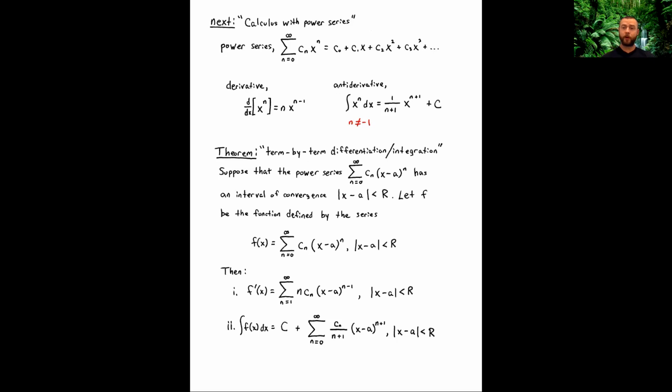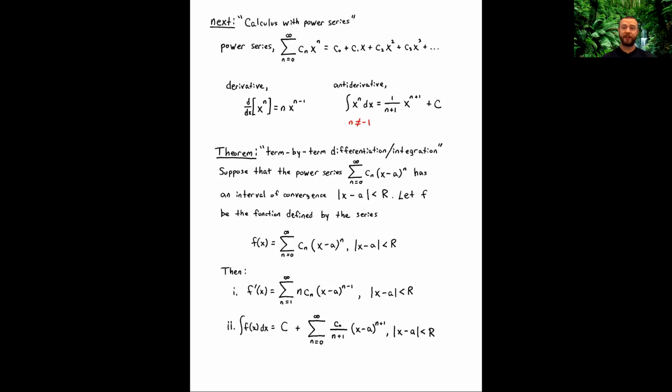All right, so the first thing we're going to get to in this second part is this theorem. There's not an official name for it, but I encountered it in my mathematics and then physics courses, known as term-by-term differentiation and term-by-term integration. What this title is alluding to is a very simple way to manipulate power series.